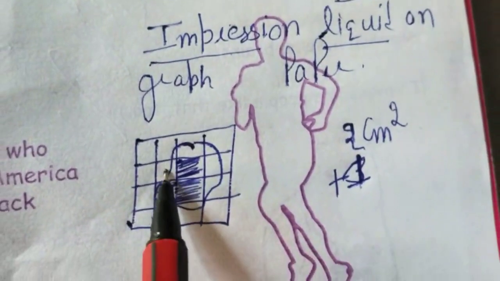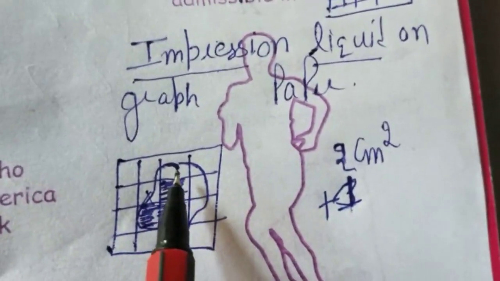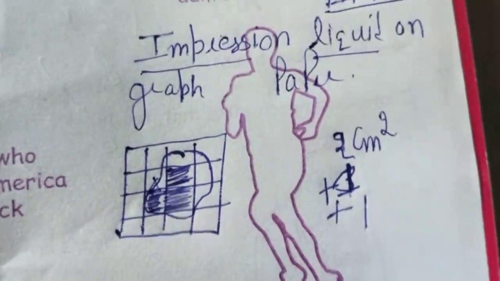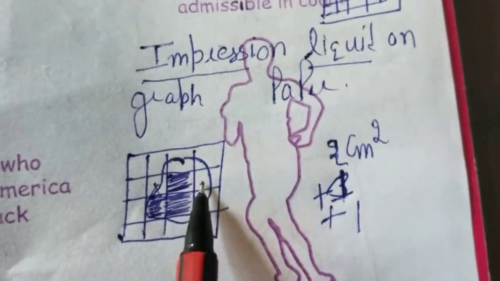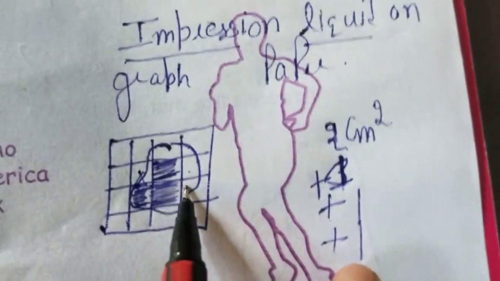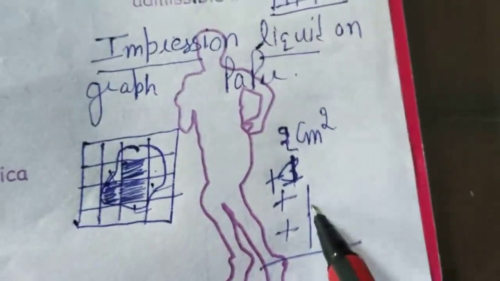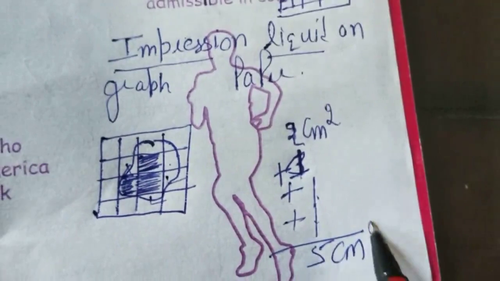Here you are getting a square less than 50%, you will discard it, you will not count it. If you are getting a square more than 50%, you will add 1. Again, a square more than 50%, you will add 1. Here you are getting a square less than 50%, discard it. So what will you get? 2 plus 1, 3, 3 plus 1, 4, 5. The total area you have got is 5 centimeter square.